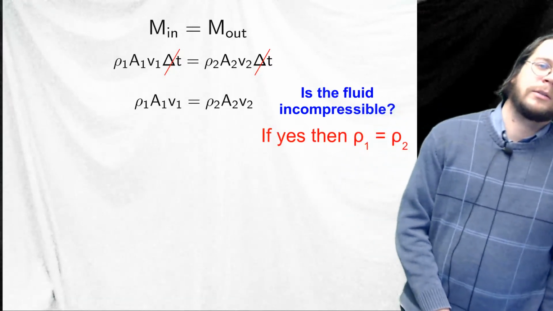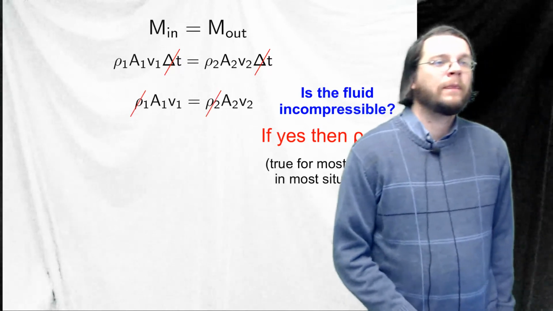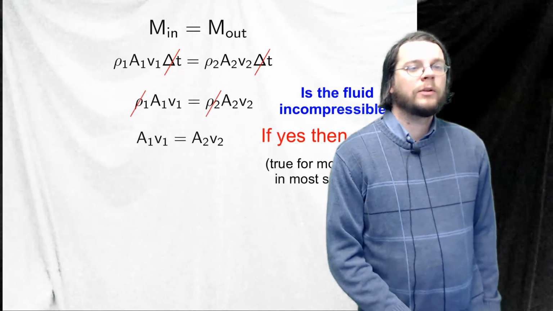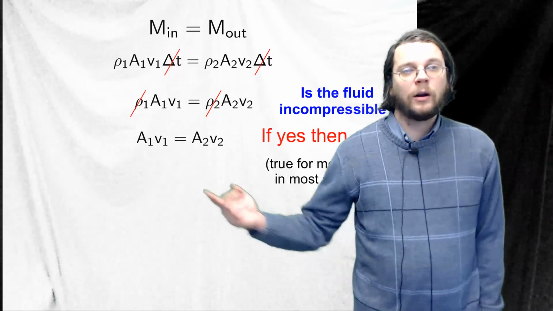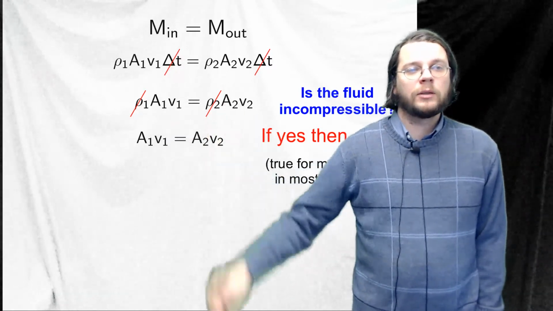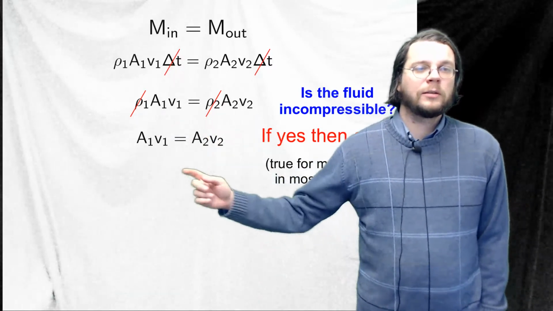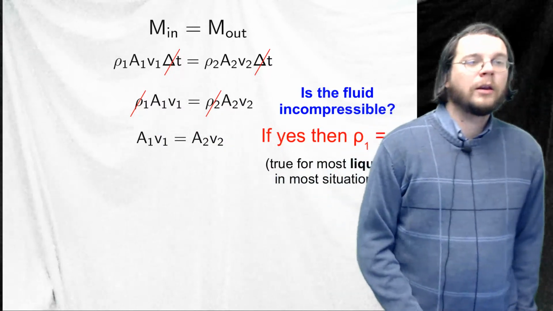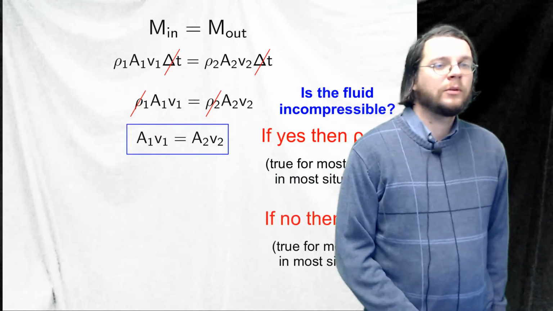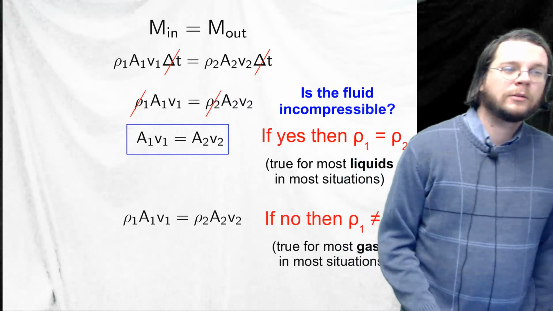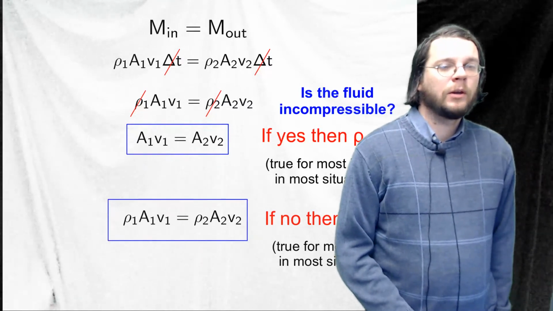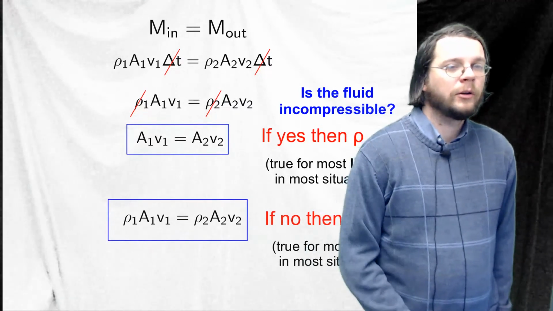Then you set the densities equal to each other. But if not, so for example, with air you'd have to use this. But if the densities are the same, you end up with this. And then you can solve for V2, for example, if you know what V1 is, things like that, which is nice. Okay, but if not, then there you go.